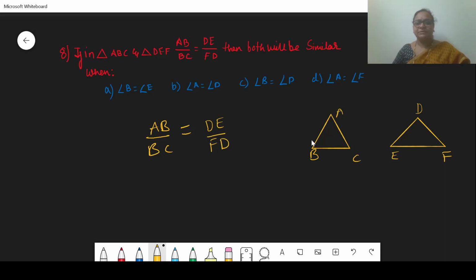What is the included angle between AB and BC? Angle B. And what is the angle included between DE and FD? Angle D. So if angle B is equal to angle D, then these two triangles will be similar to each other. So option C, angle B is equal to angle D.